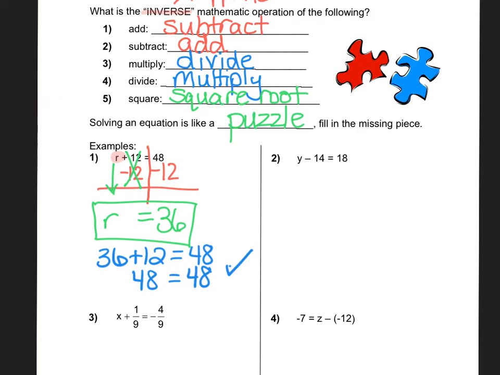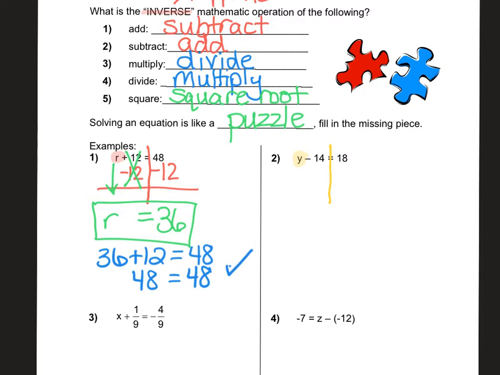Okay, so let's look at number 2. Number 2, we're trying to get the variable y by itself. So in order to do that, we have to move the 14 to the other side of the equation. But you always have to look at what is in front of a number, and you see that it's a negative or a minus sign.